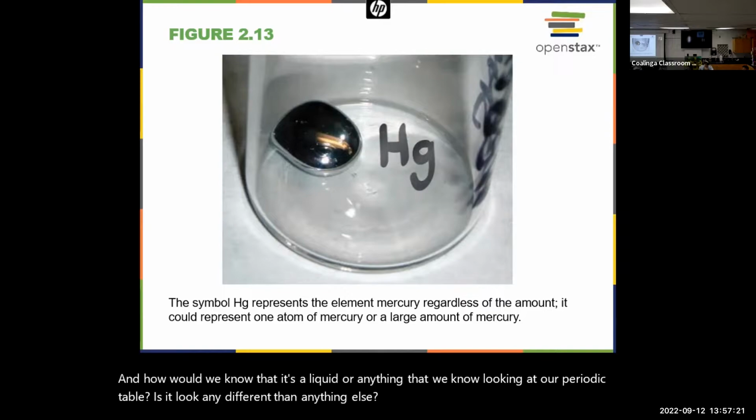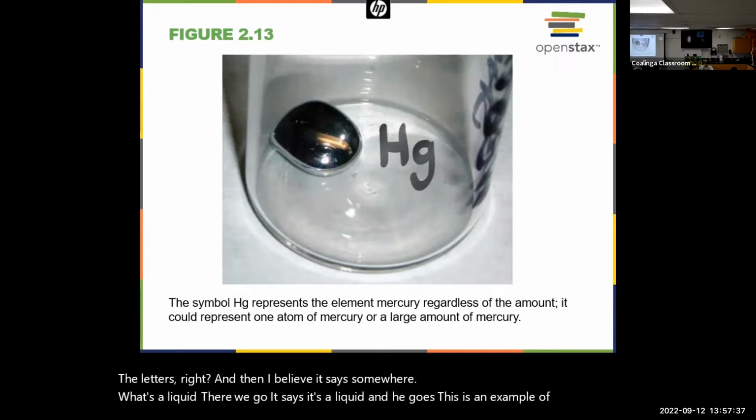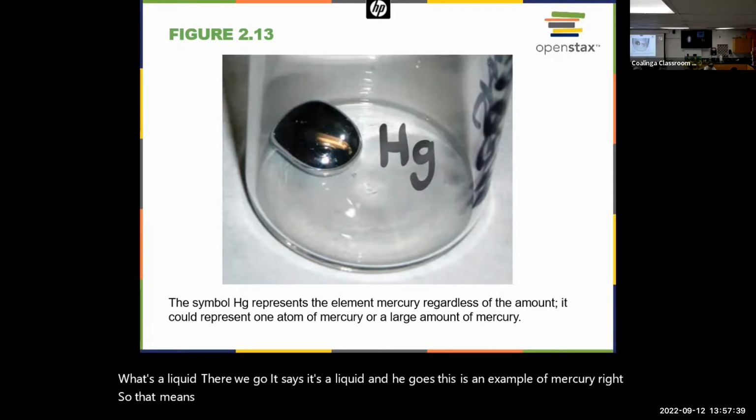The color of the letters, right? And I believe it says somewhere that the color of those letters means it's a liquid, and it gives us an example of mercury, right? So that means at room temperature, it's going to be a liquid.